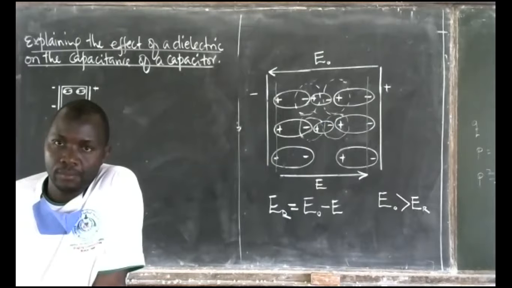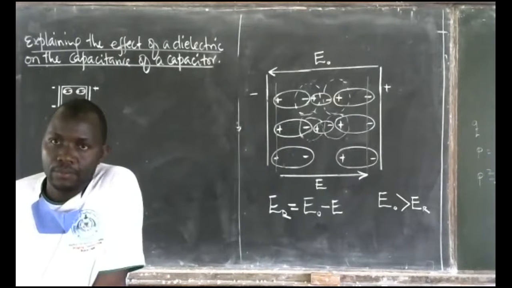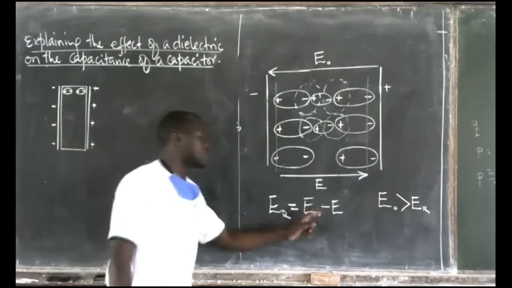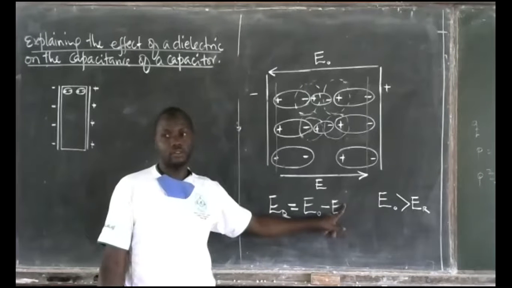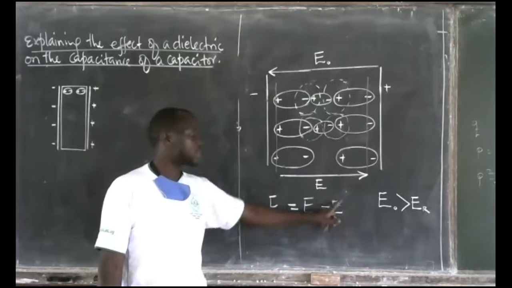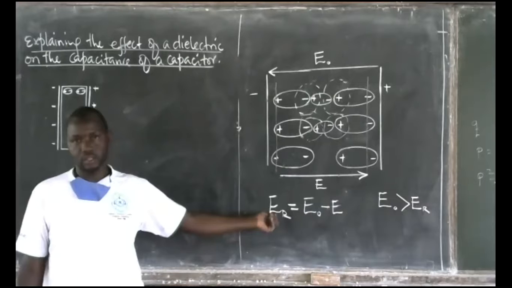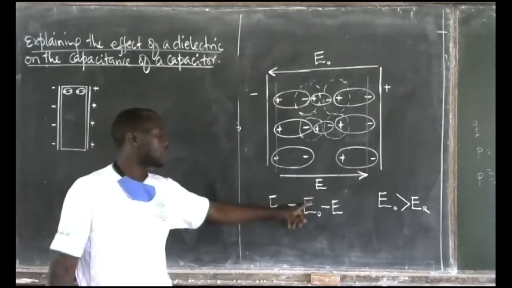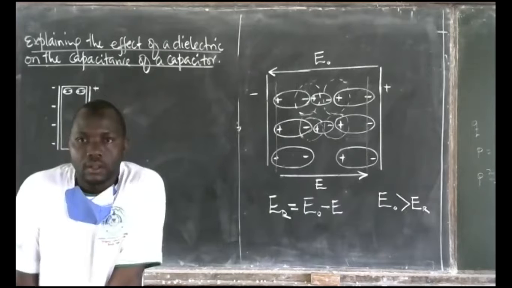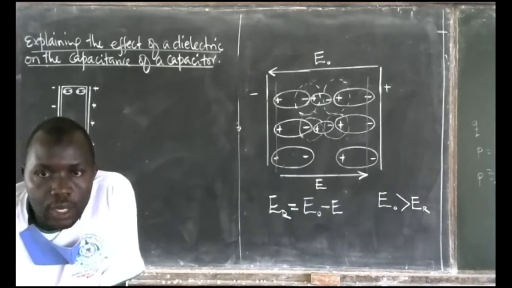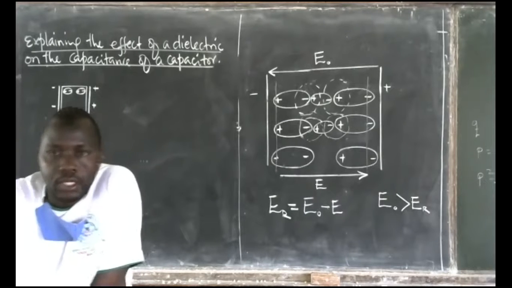Is that untrue? Because the resultant is the original itself, but minus something. So you are reducing it by something to get the resultant. So it means that E naught alone is greater than E R. Is it true, Namuyanja, Theopista?